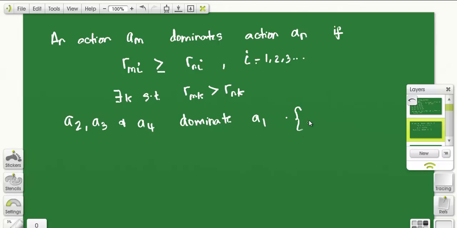I could actually write it as a notation, A2, A3, A4. This is not a standard notation, but I'll just use this notation for this lecture. So A2, A3, A4 dominates A1.